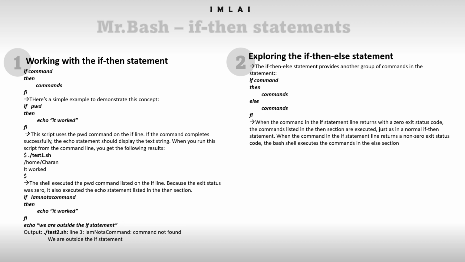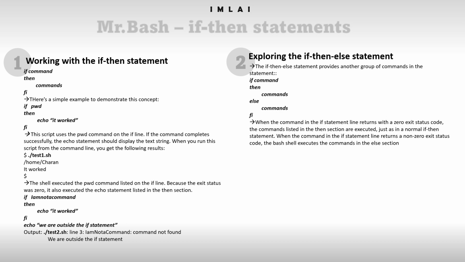So what happens here, when the command in the if statement line returns with a 0 exit status code, the commands which are listed in the then section are executed just as in a normal if then statement.